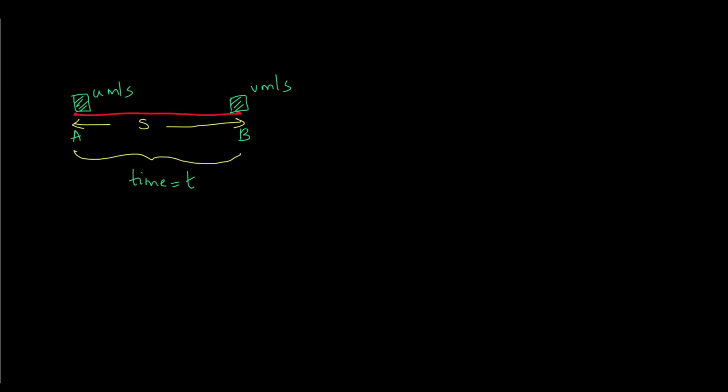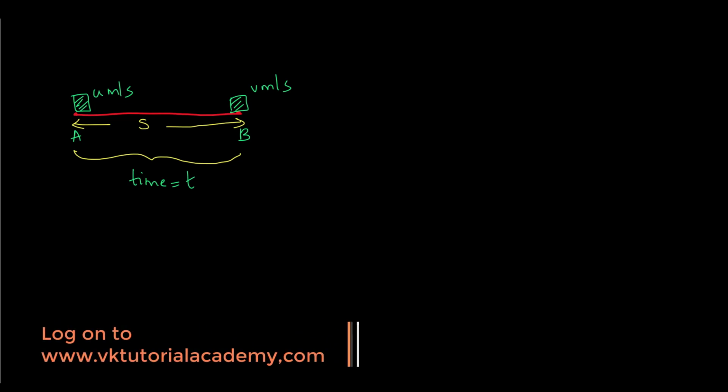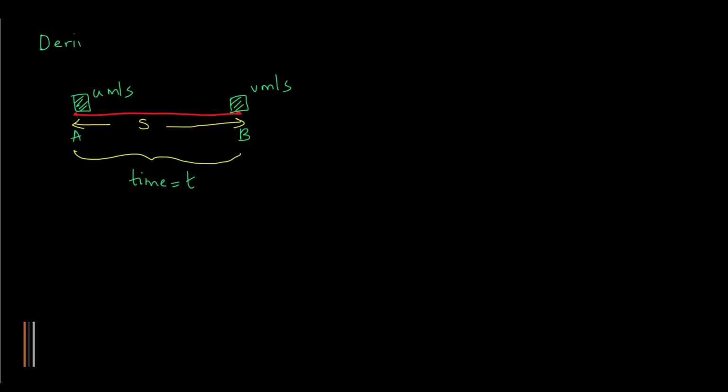Now let's derive the third equation of motion, which also has the same description. Consider the same body which is moving with uniform acceleration; initial velocity, final velocity, everything will be the same. Derivation of v square minus u square = 2as.